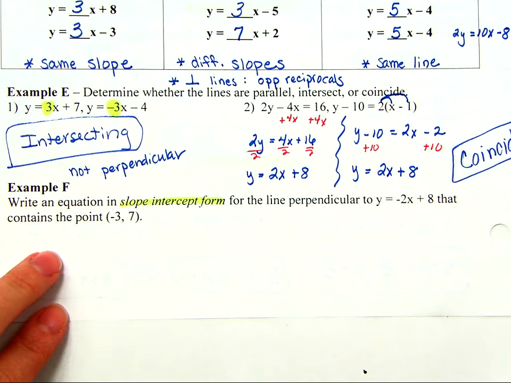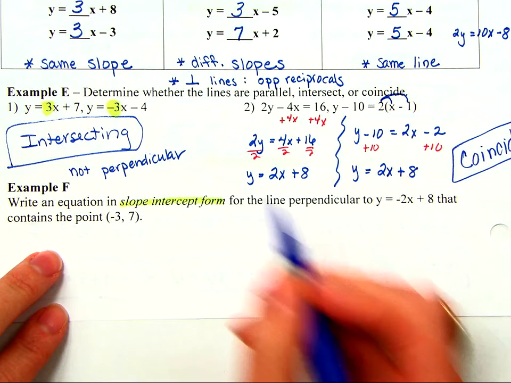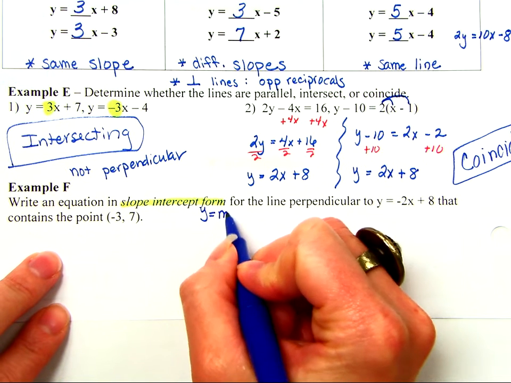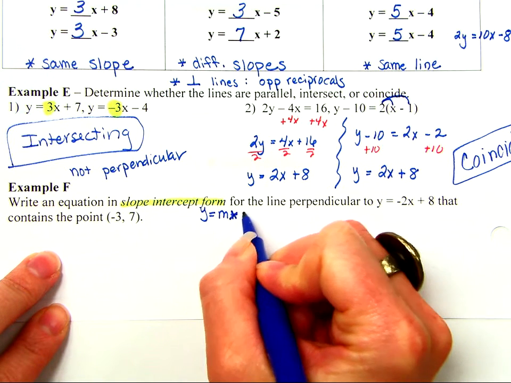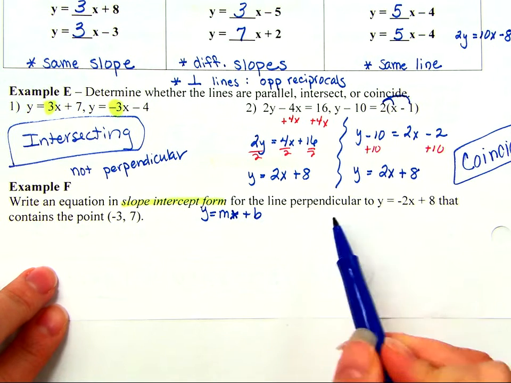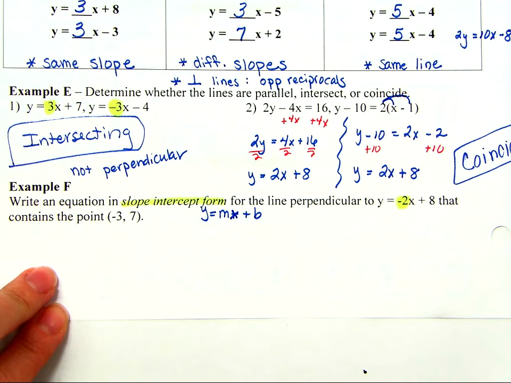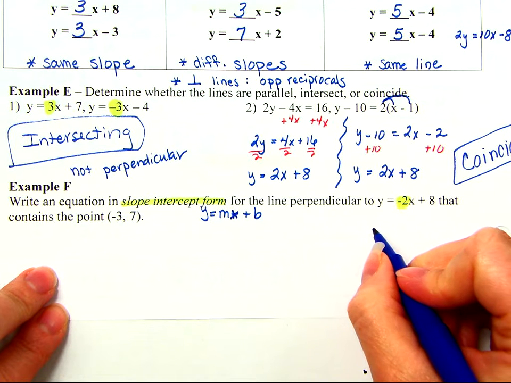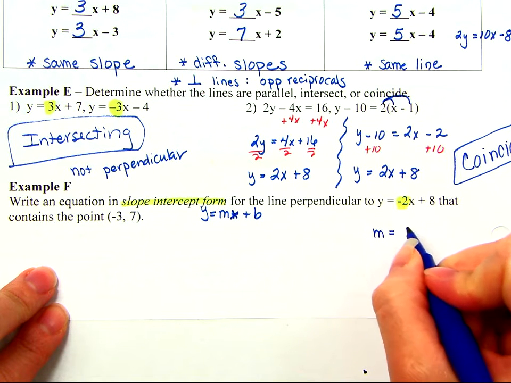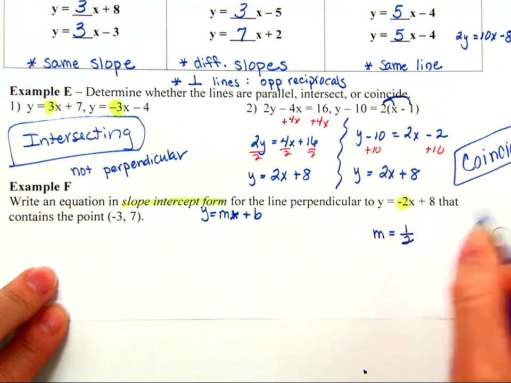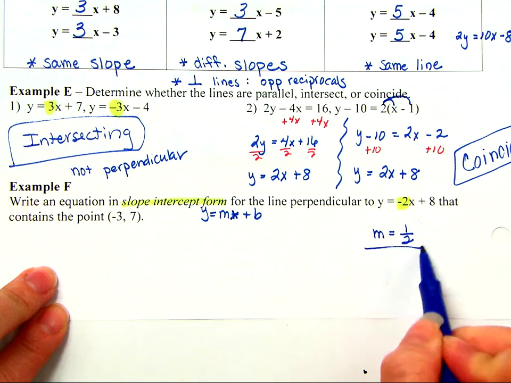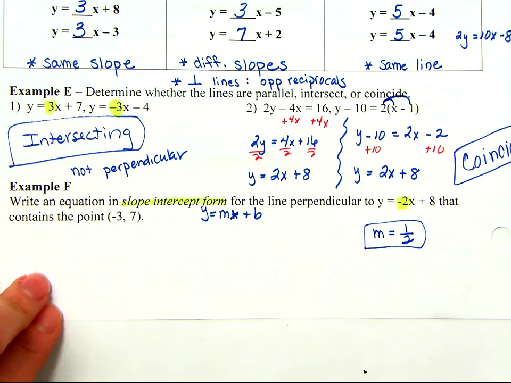Sometimes I like to remind myself, slope-intercept form, y equals mx plus b. For perpendicular, if this line has a slope of negative 2, would you agree that a line perpendicular to that would need to have the opposite reciprocal? So I would need one that is a positive 1/2.